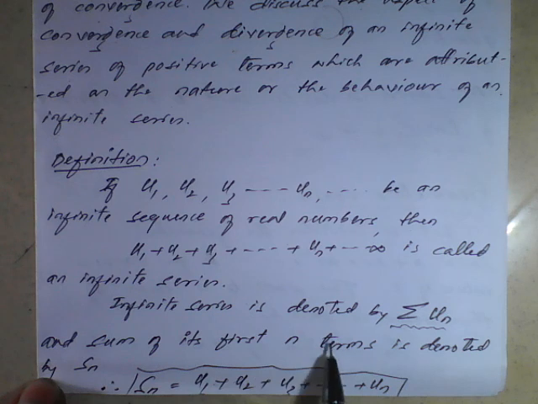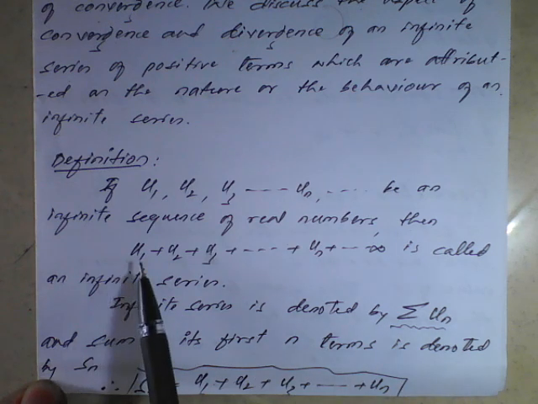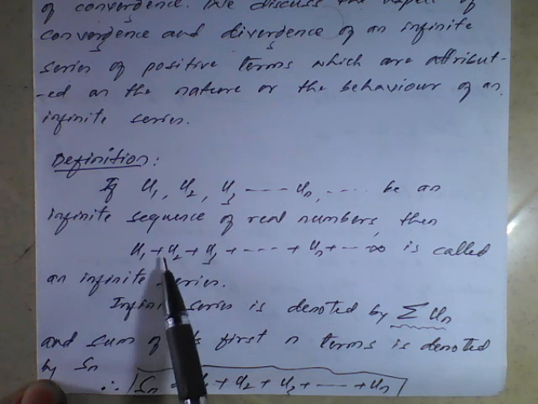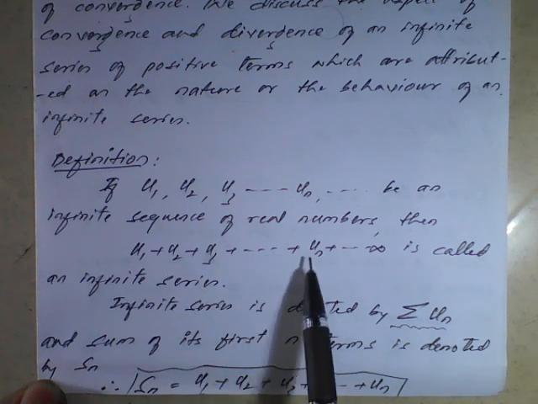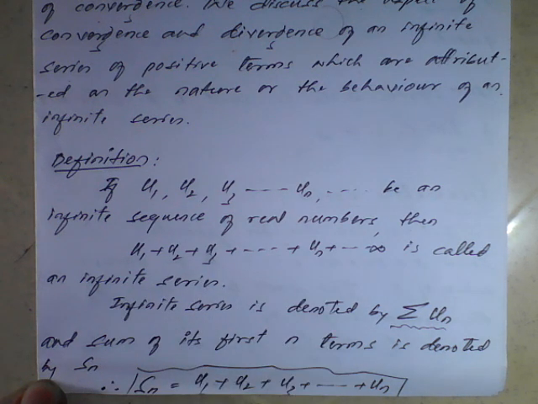The sum of its first n terms is denoted by Sn. First n terms means u1 plus u2 plus u3 plus so on till un. So I have written here Sn is equal to u1 plus u2 plus u3 plus so on un.